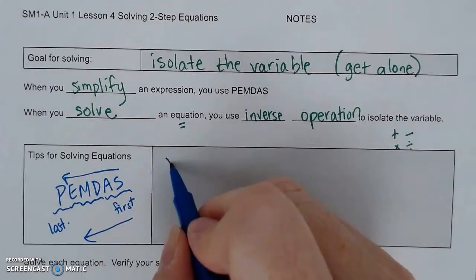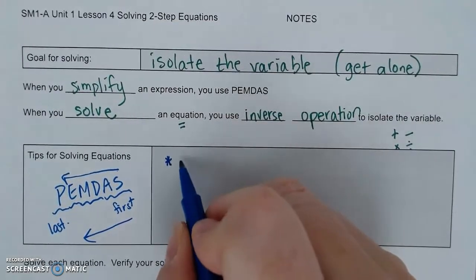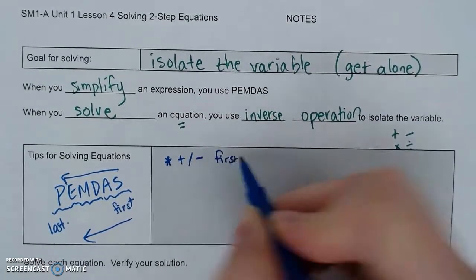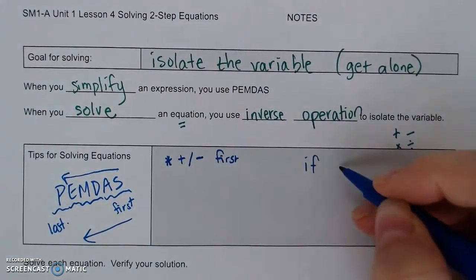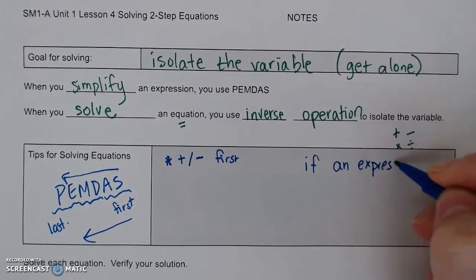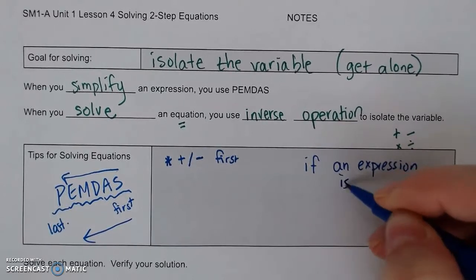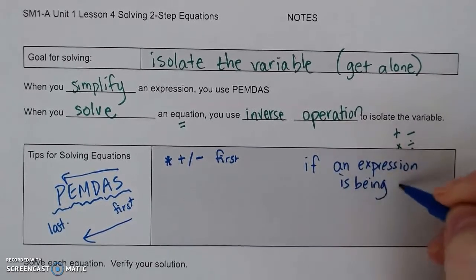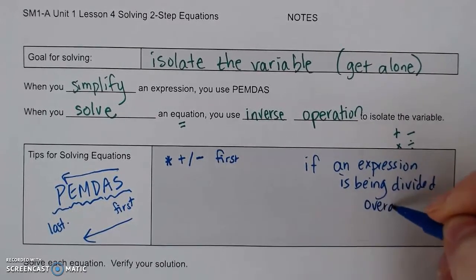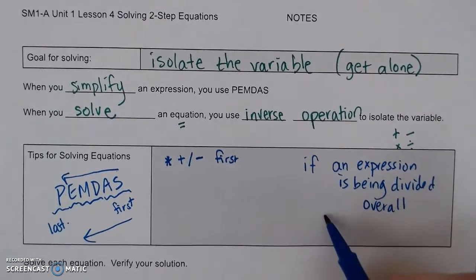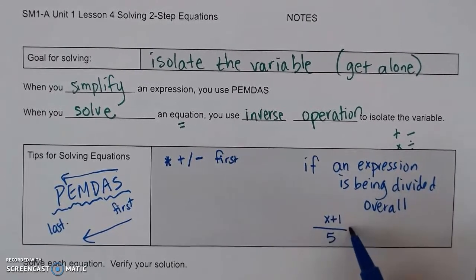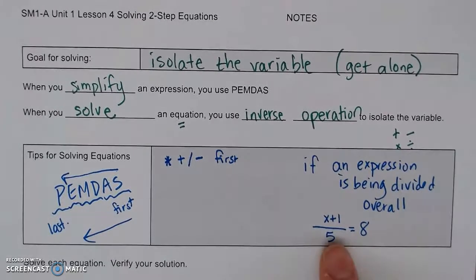So you want to add or subtract first. Now, if an expression is being divided overall, like x plus 1 all divided by 5 equals 8, this is an exception.